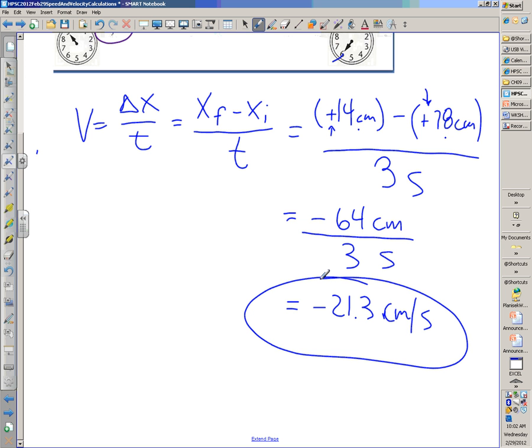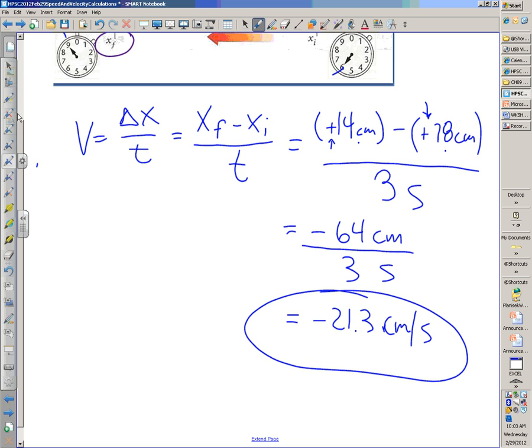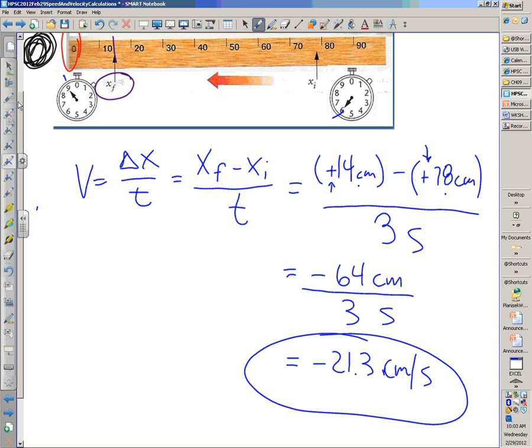Alright, so here, let's make some connections. Velocity, what kind of a quantity? Vector. So that means it has to tell you what? How fast and which way. What's different about this gecko picture versus the previous gecko picture? It's moving in the opposite direction.